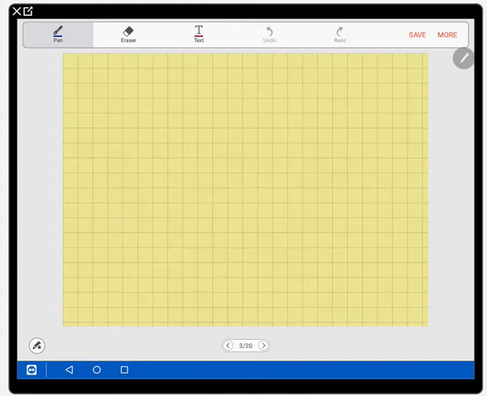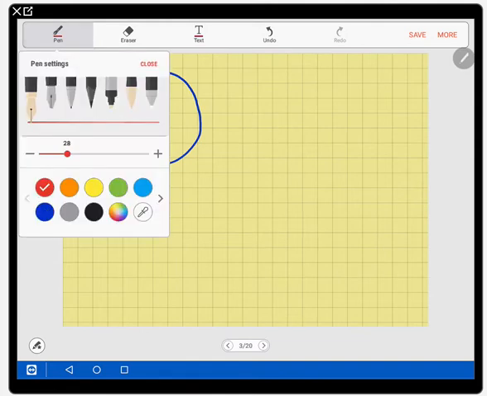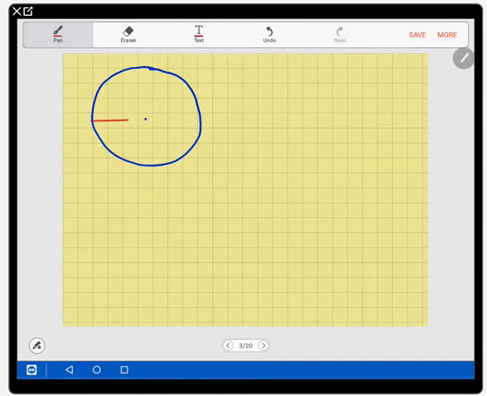Let's consider this circle here. I'm not very good at drawing, I say. If this is the center, and I draw the diameter here, this is the diameter.